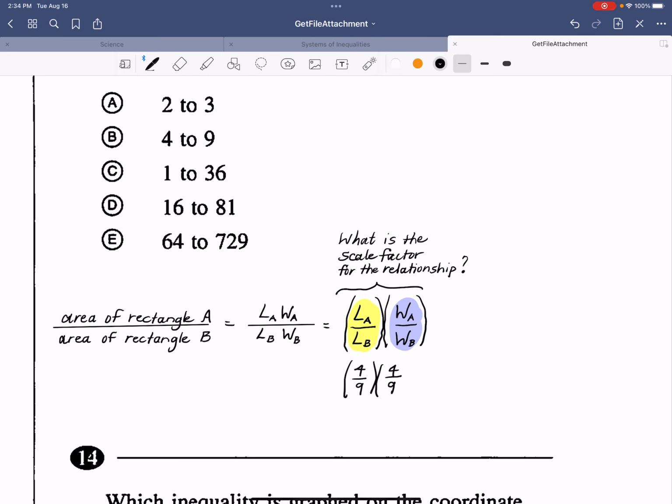And now I have something I can work with. 4 times 4 is 16, and 9 times 9 is 81. Again, these are scale factors. Anything to do with this relationship is related at 4 to 9. So once you plug that in there, you can multiply to get your answer of 16 to 81, which corresponds to D, 16 to 81.